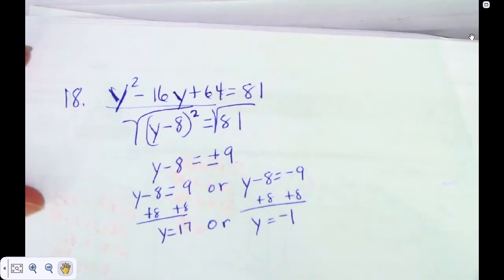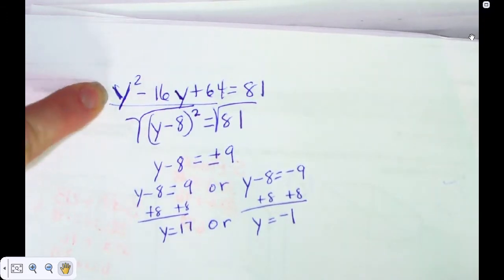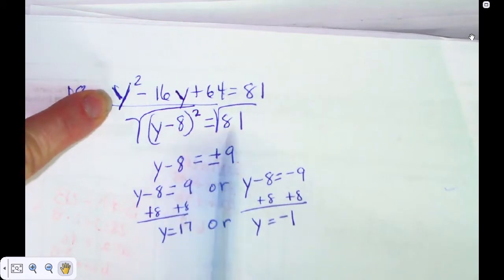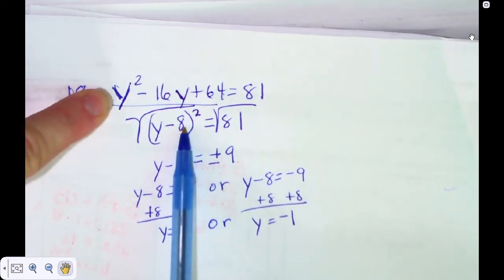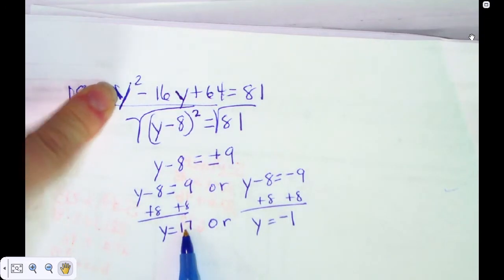Now, let's go get the calculator and put these in there. So in the original problem up here, not where we did this, you're going to put 17 squared minus 16 times 17 plus 64.